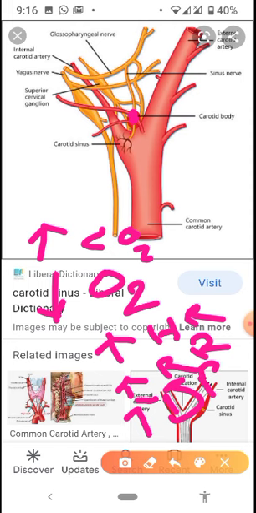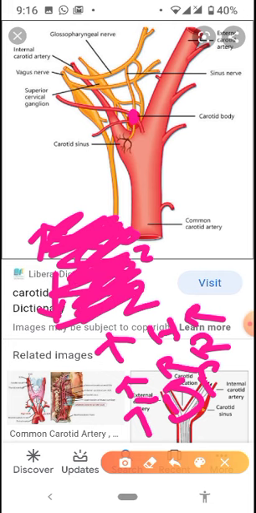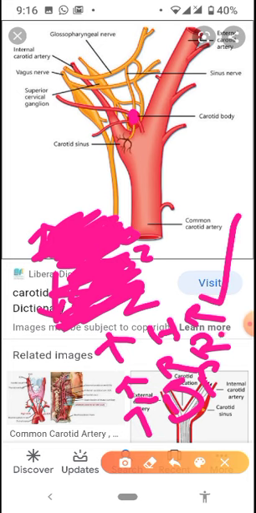So three mechanisms are going to happen in response to elevation in carbon dioxide and depression in the oxygen level. The heart rate will increase, the respiratory rate will increase, and the blood pressure will increase. And this is done by the carotid body, which is present just posterior to the point of bifurcation, and it is basically a chemoreceptor.